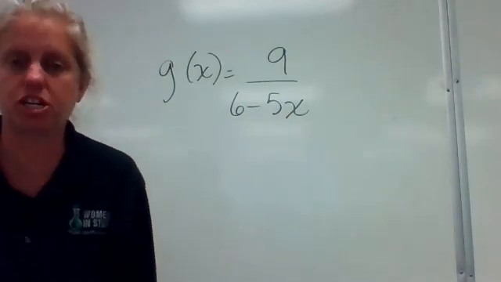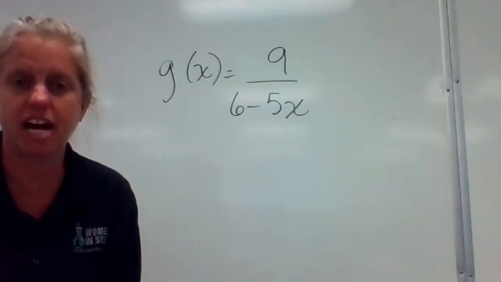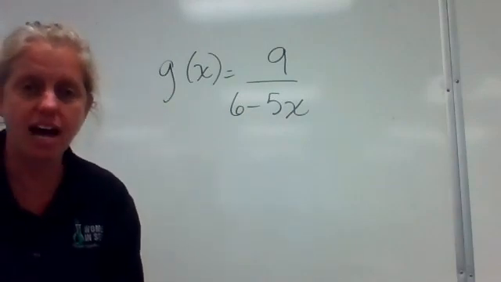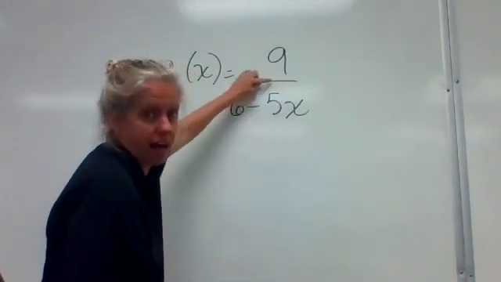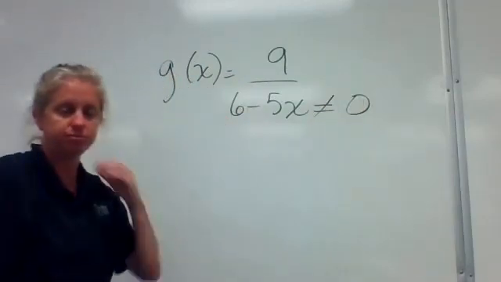So I'm going to have a restriction on this one, right? Because I have a denominator and there's an x in that denominator. I don't care what the top of the fraction is. I'm just worried about the bottom, because this line means divide by, and what can you not divide by? You can't make that equal 0.